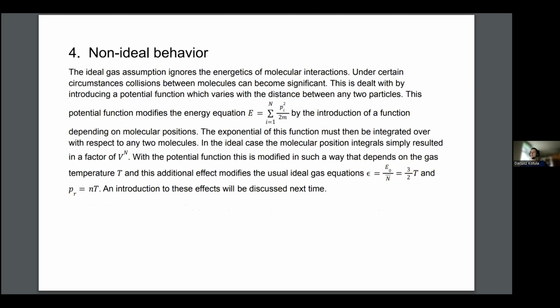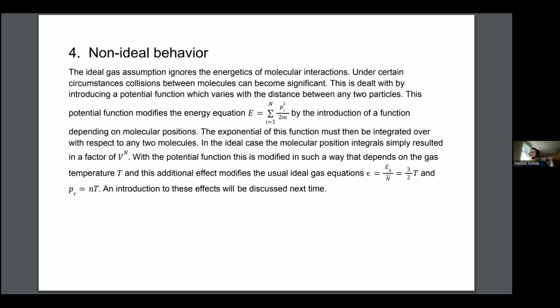The ideal gas assumption ignores the energetics of molecular interactions. Under certain circumstances, collisions between molecules can become significant. This is dealt with by introducing a potential function, which varies with the distance between any two particles, where multiple collisions are extremely rare. This potential function modifies the energy equation by the introduction of a function depending on molecular positions.